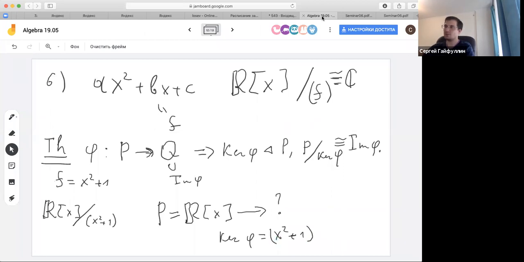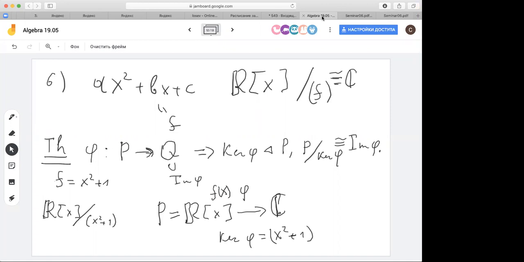We understand that the answer should be the field of complex numbers. So let us explain what this phi is. We should map a polynomial to a complex number such that x squared plus 1 goes to 0.